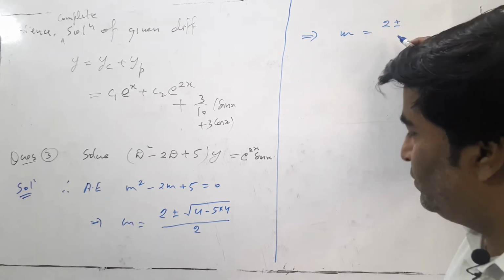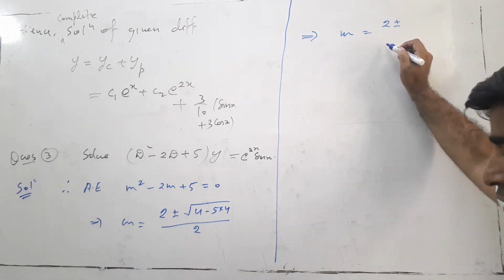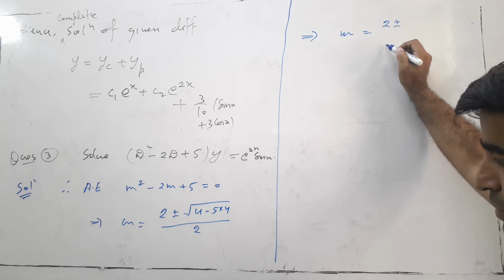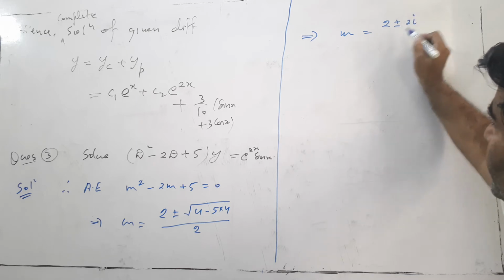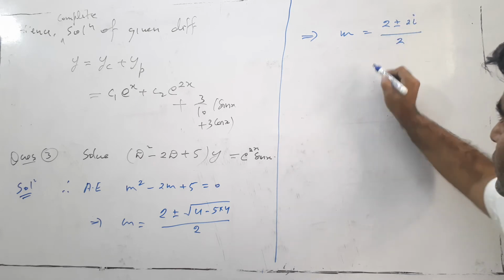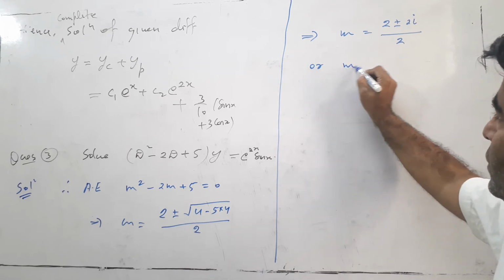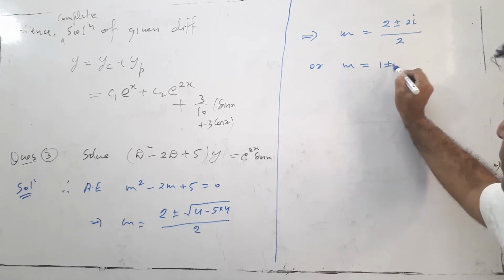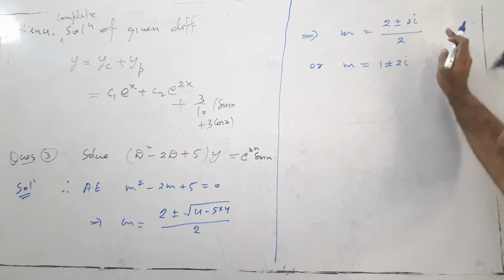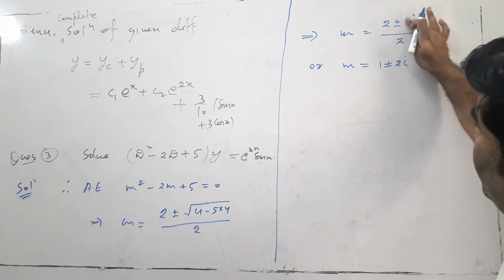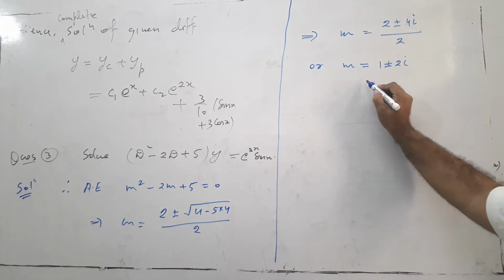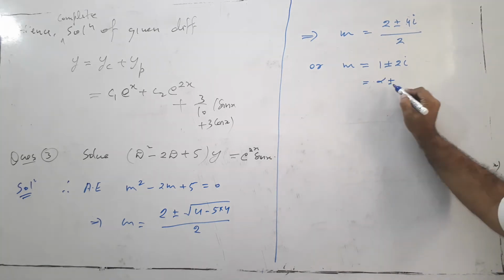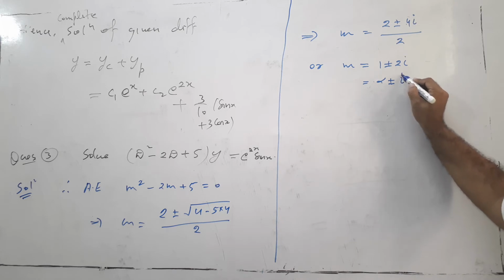On solving, we have 4 minus 20, which means minus 16. Minus 16 means plus minus 4i upon 2, so we have 1 plus minus 2i. Here we have complex roots of the auxiliary equation.